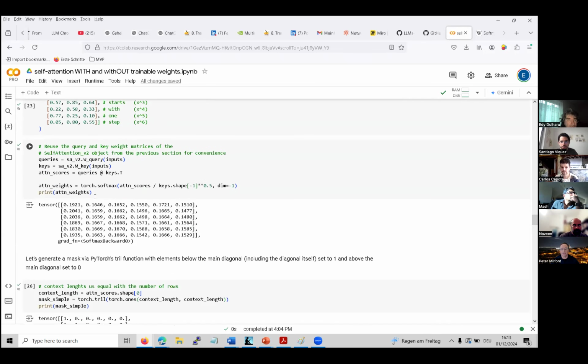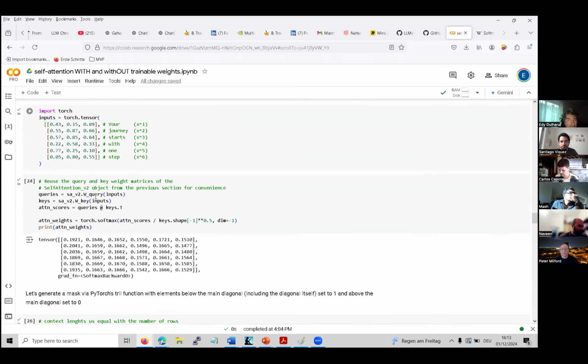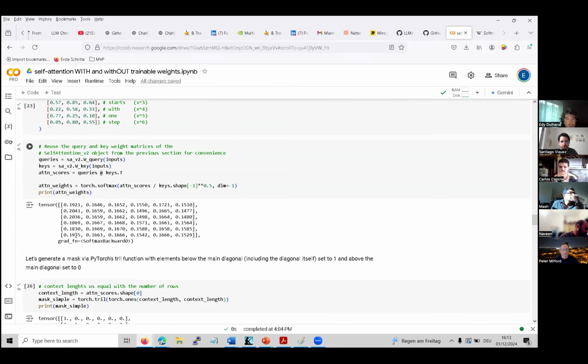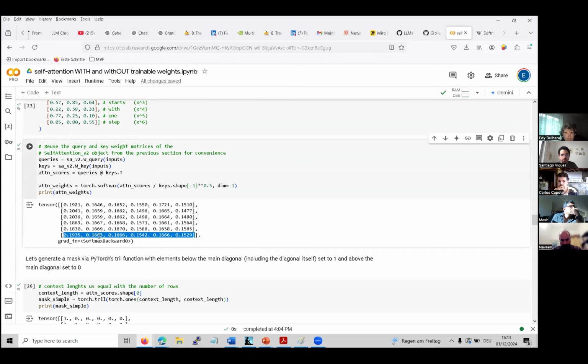They're not trained yet. Let me go a couple of steps behind. Okay, so this is the attention weights matrix. We have these numbers. Can you follow me, Mayank?